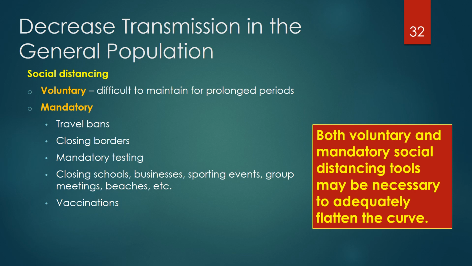Mandatory steps ordered by governments may consist of local, interstate, and international travel bans, closing borders, mandatory testing, closing of schools, businesses, sporting events, group meetings, beaches, other group gatherings, vaccinations, etc. Both voluntary and mandatory social distancing tools may be necessary to adequately flatten the curve.